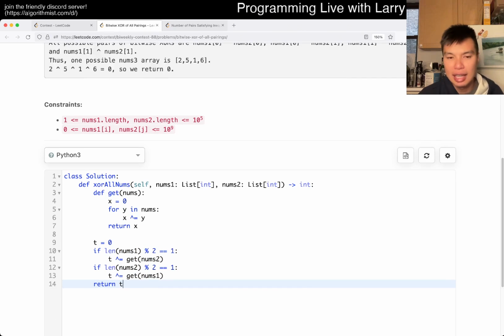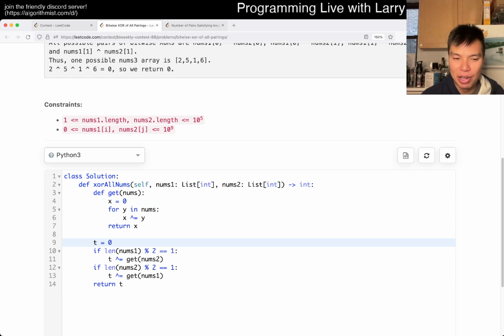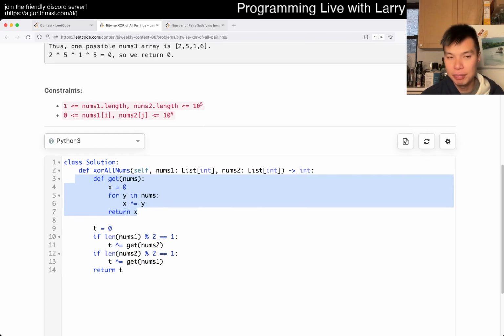And at the end we return t. That's pretty much it. You can see that this is linear time, constant space, because we have, like, 5 variables and 2 for loops at the worst case. So this is going to be good.